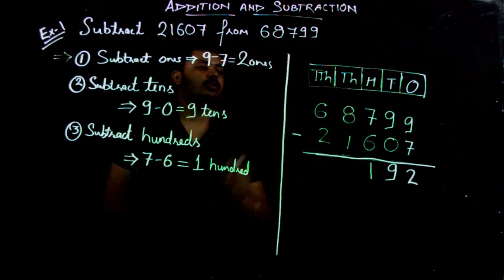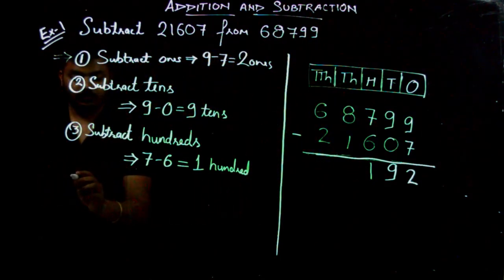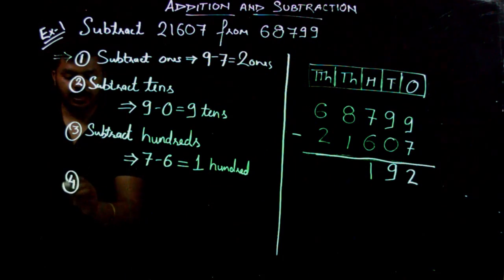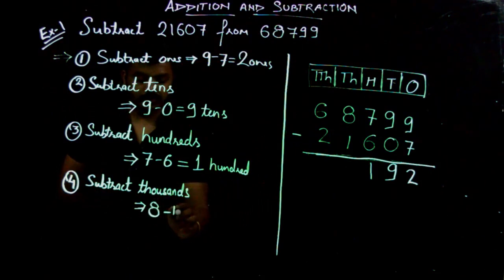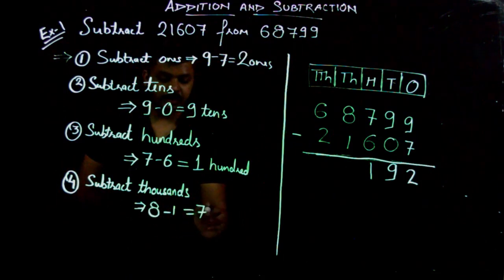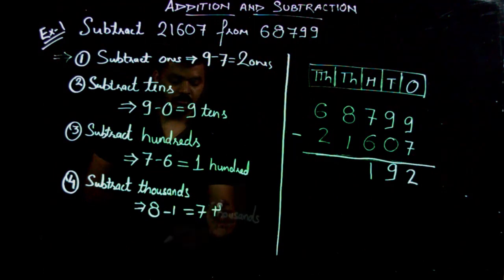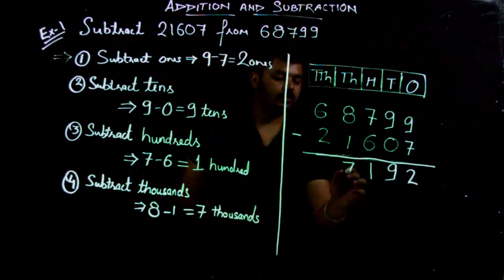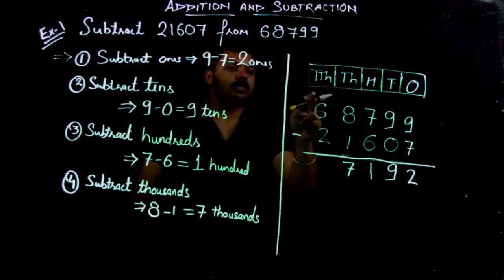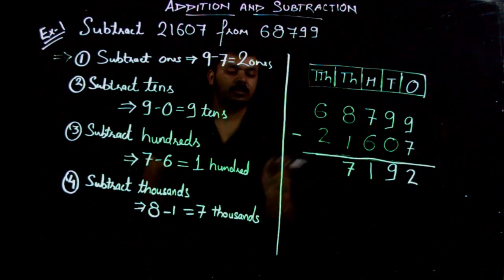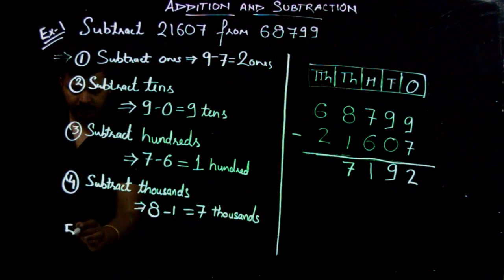Similarly, now moving on to the thousands column, step 4, subtract thousands. In thousands, 8 minus 1 equals 7 thousand. So we write 7. Now we have to subtract the numbers in the 10,000s column, so 6 minus 2.